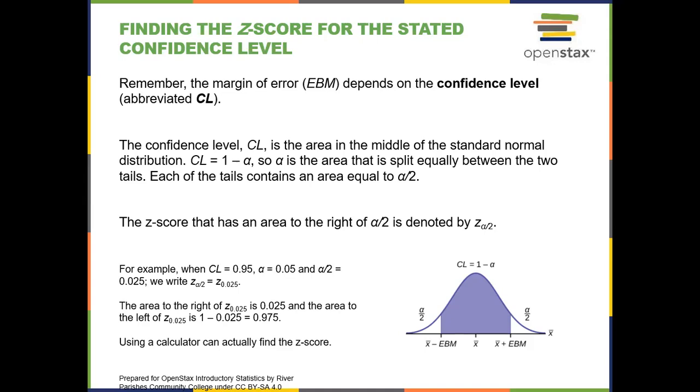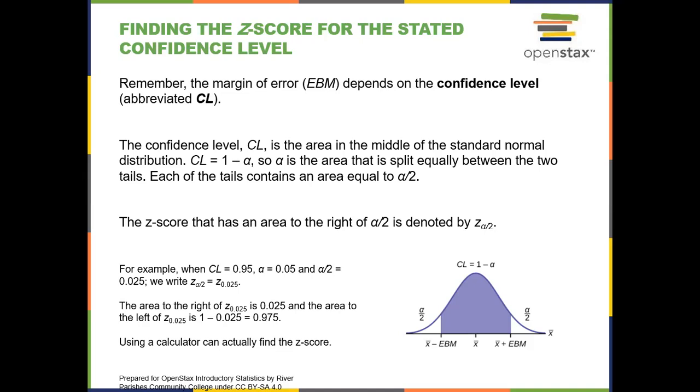Z alpha by 2 is the critical value of z on the right of the center, and minus z alpha by 2 is on the left. The area to the right of the critical value is 0.025 in the right tail, and the area to the left of the left critical value is also 0.025.